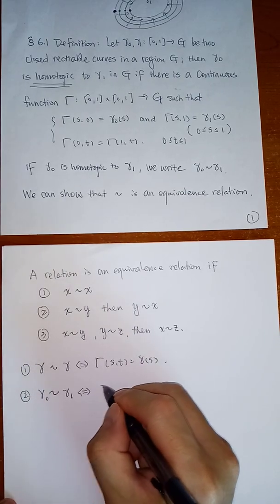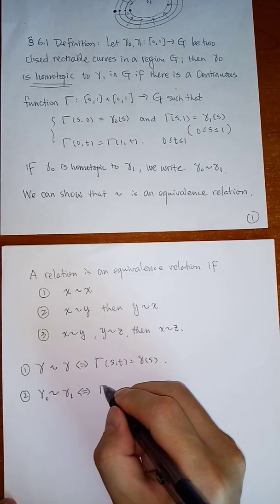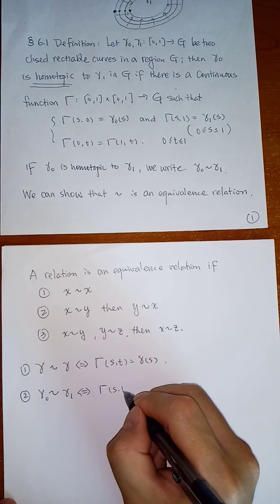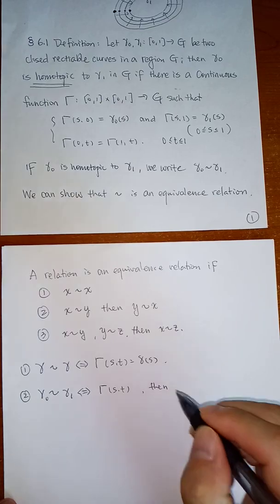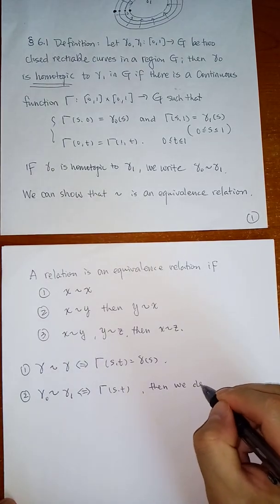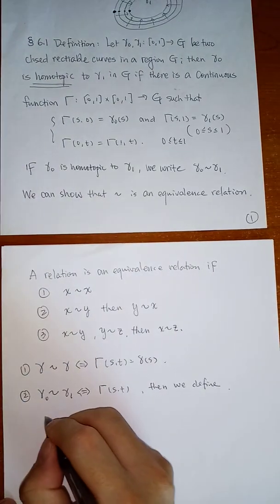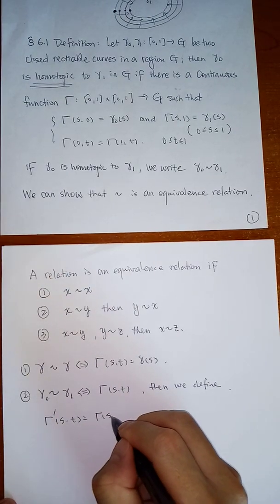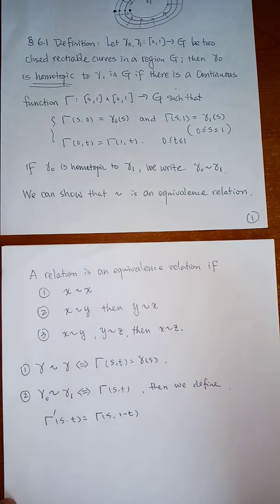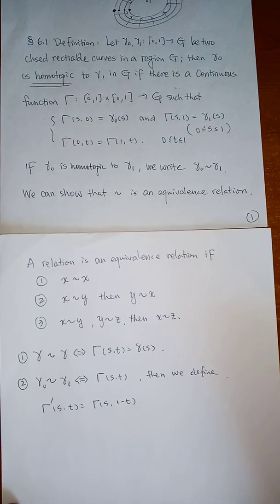It means you have a capital Gamma(S, T), and then we define capital Gamma prime(S, T) to be Gamma(S, 1 minus T).